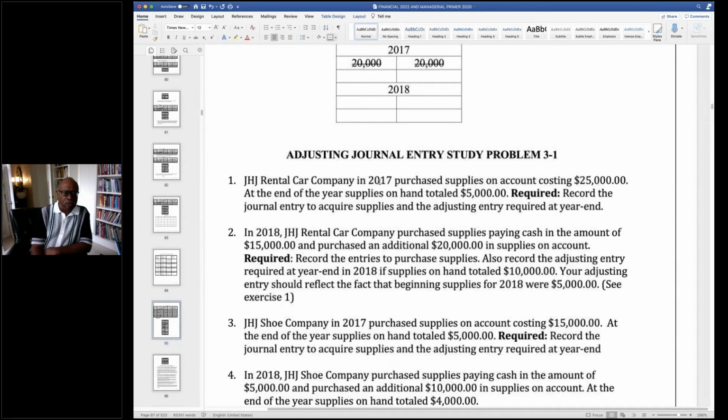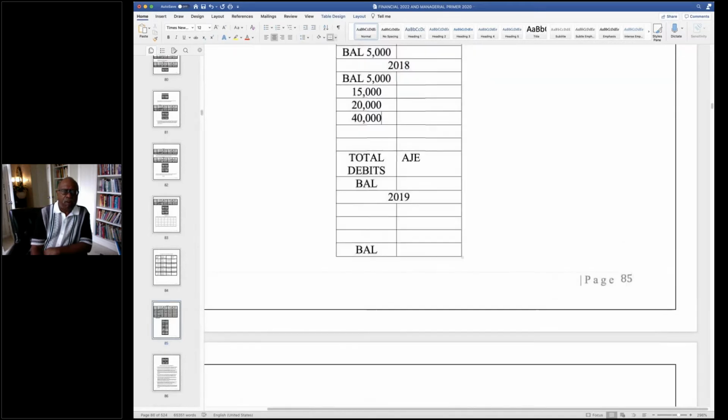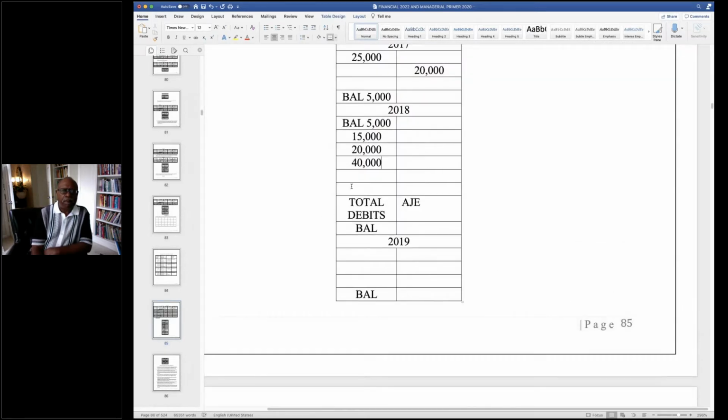When we go to the problem, it tells us what? That there's supplies of 10,000 left. So what you know is that I got 40 in here, put it in red, but the balance in the account is $10,000.